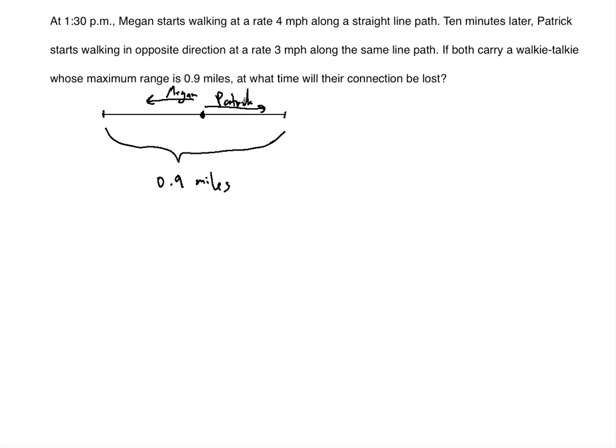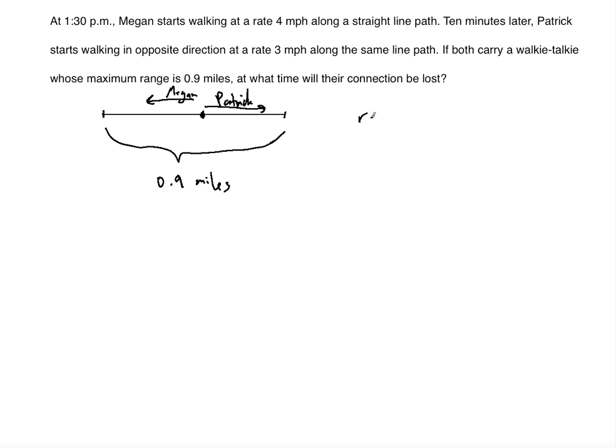So they're walking in opposite directions, and Patrick also spends less time walking, right? Because he starts walking 10 minutes after Megan starts walking. So he will spend less time walking, but he will walk slower, obviously, because his rate will be 3 miles per hour, right? But in any case, now you see what this problem will typically mean.